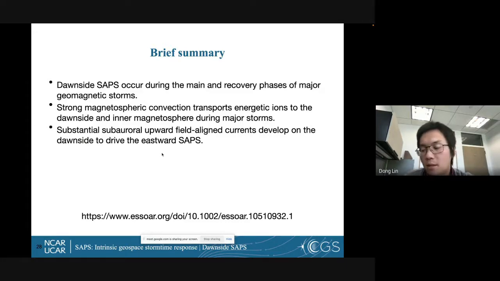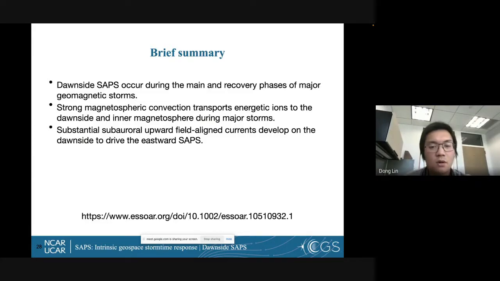And in the controlled experiments, by reducing the magnitude of the IMF, the dawn side SAPS just disappear because the overturning of the magnetic to electric drift could not occur in that case.